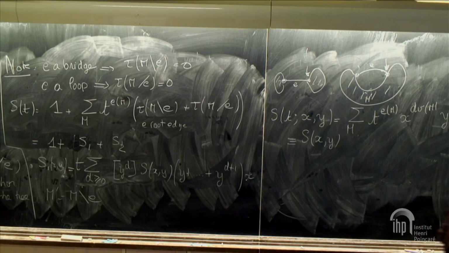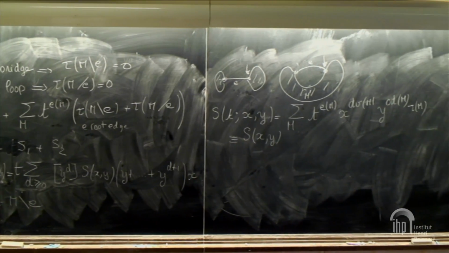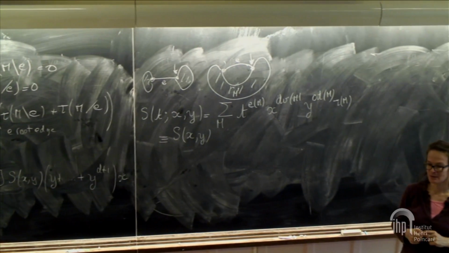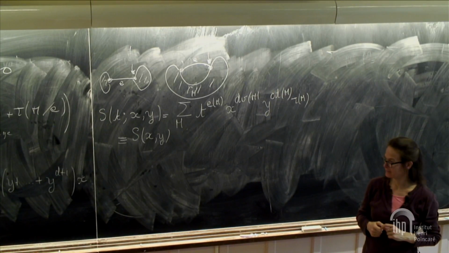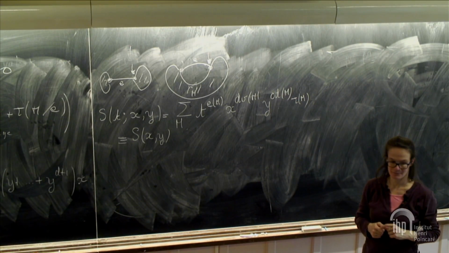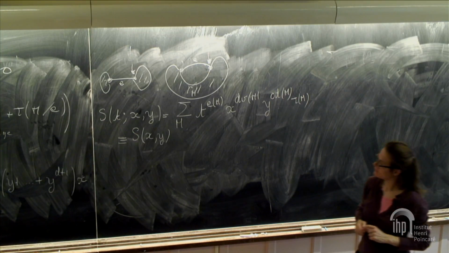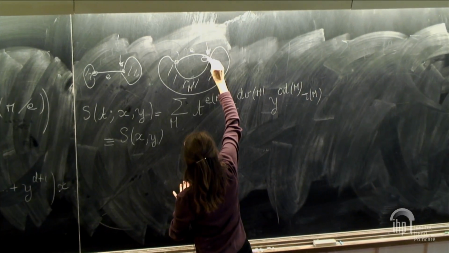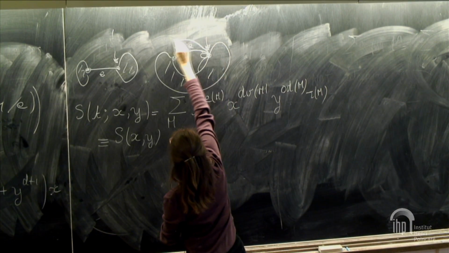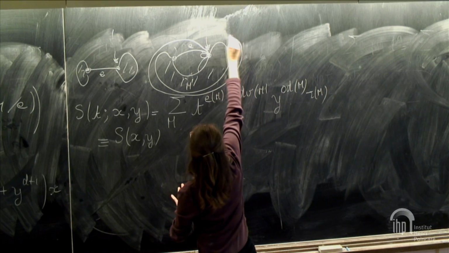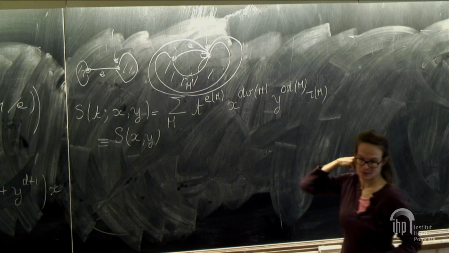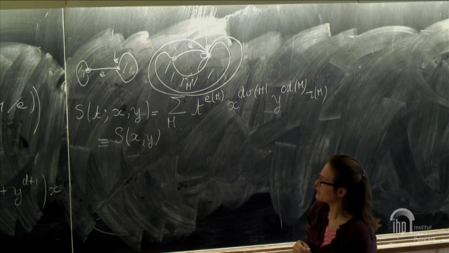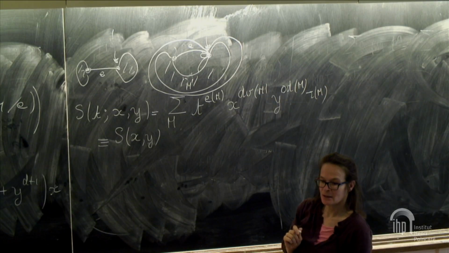And here, if you chew this for a moment, I should hear complaints that this is not correct. So this sum, I claim, corresponds to choosing the various choices of my new root edge. Yeah, okay, so there's a problem here.